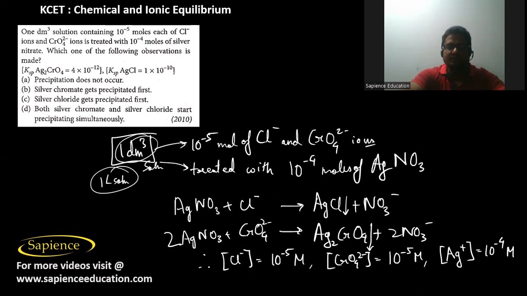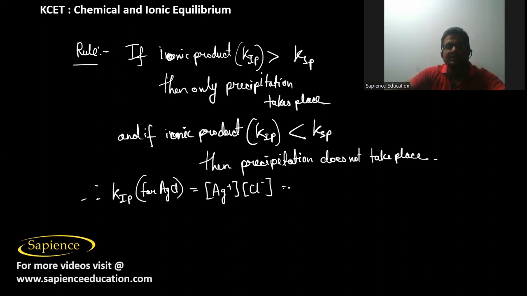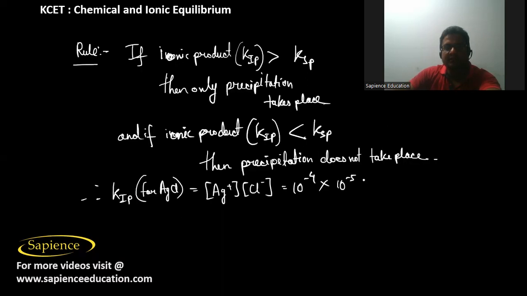So now the ionic product KIP for AgCl in this case is the concentration of Ag plus into the concentration of Cl minus. Ag plus concentration is 10 power minus 4 into Cl minus concentration 10 power minus 5, so that is 10 power minus 9.